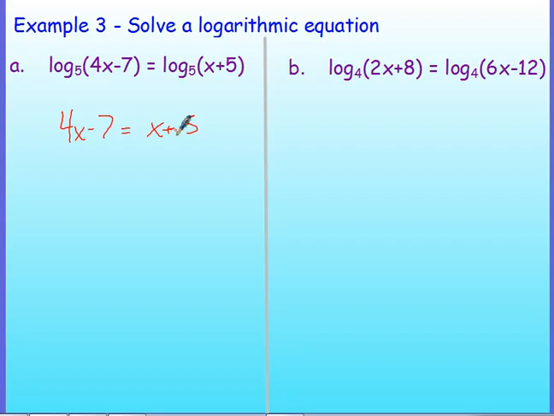What am I going to do now? Minus x, so I'll have what? 3x - 7 equals 5. So 3x equals 12. And then x equals 4. Is everybody good with that?